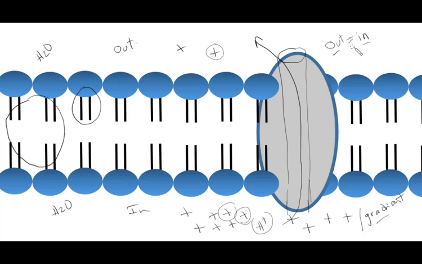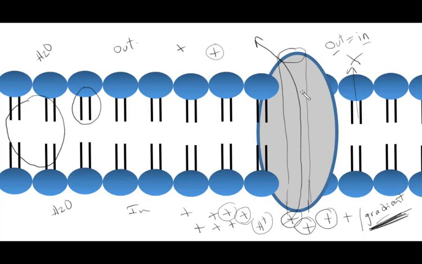When they are equal, there will be no more passage of these ions through the membrane. Okay, so as long as we maintain this gradient here, we will have a flow of whatever is being allowed to flow. These molecules will flow, and in this case here it's ions.